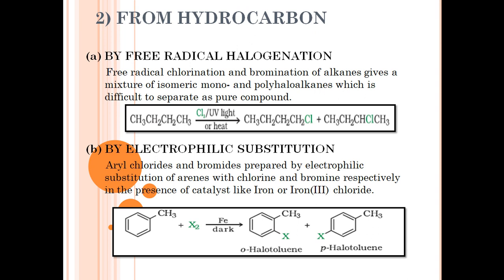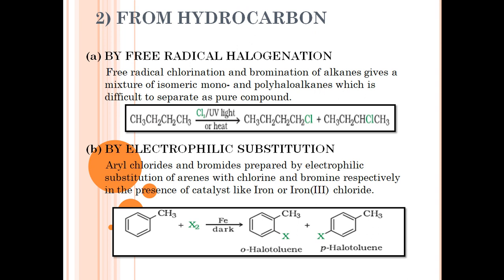Free radical chlorination and bromination of alkanes gives a mixture of isomeric mono and polyhaloalkanes, which is difficult to separate as pure compounds. When CH3CH2CH2CH3 reacts with Cl2 in presence of UV light or on heating, it will give a mixture of CH3CH2CH2CH2Cl, that is normal chlorobutane, and the other isomeric form, CH3CH2CHClCH3.